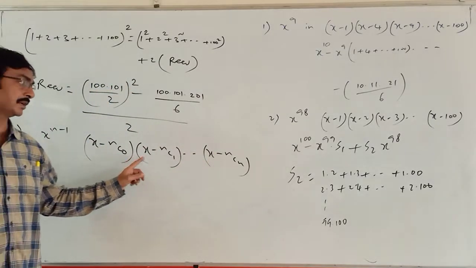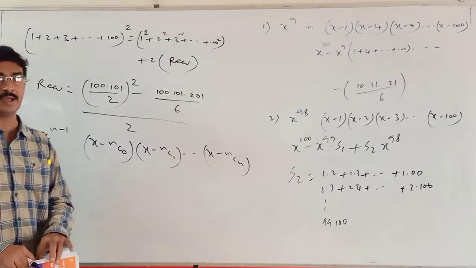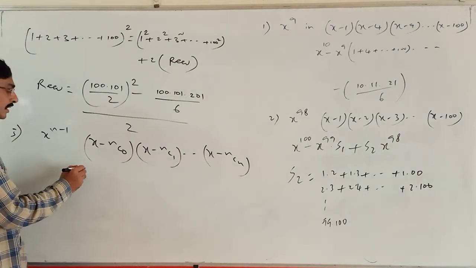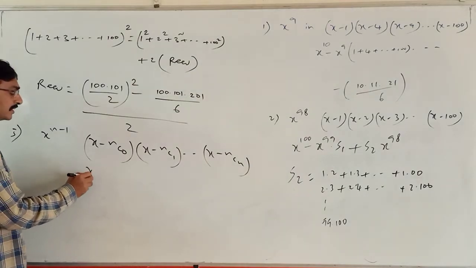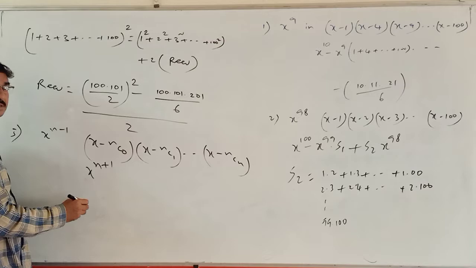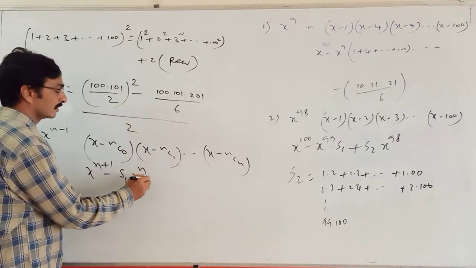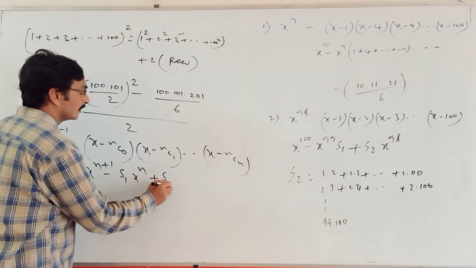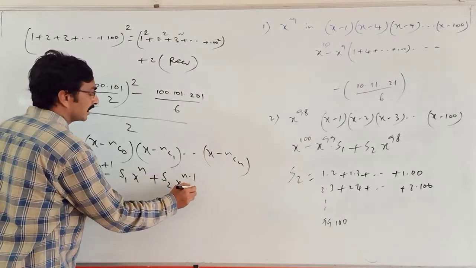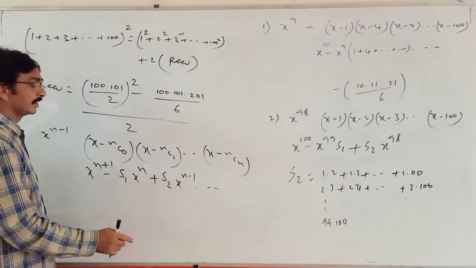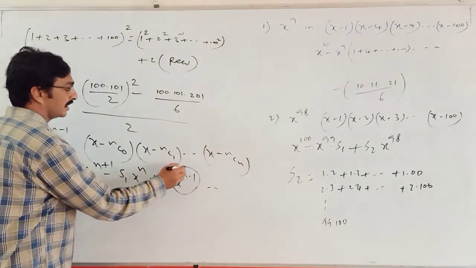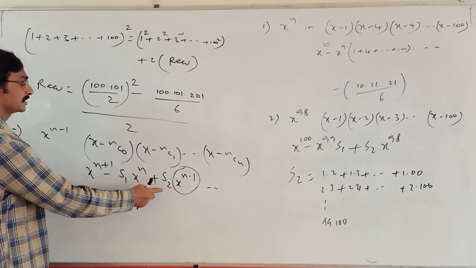So nC0 to nCn means the number of factors is n plus 1. So the first terms are x power n plus 1 minus S1 into x power n plus S2 into x power n minus 1. Now required is the coefficient of x power n minus 1, that is S2.